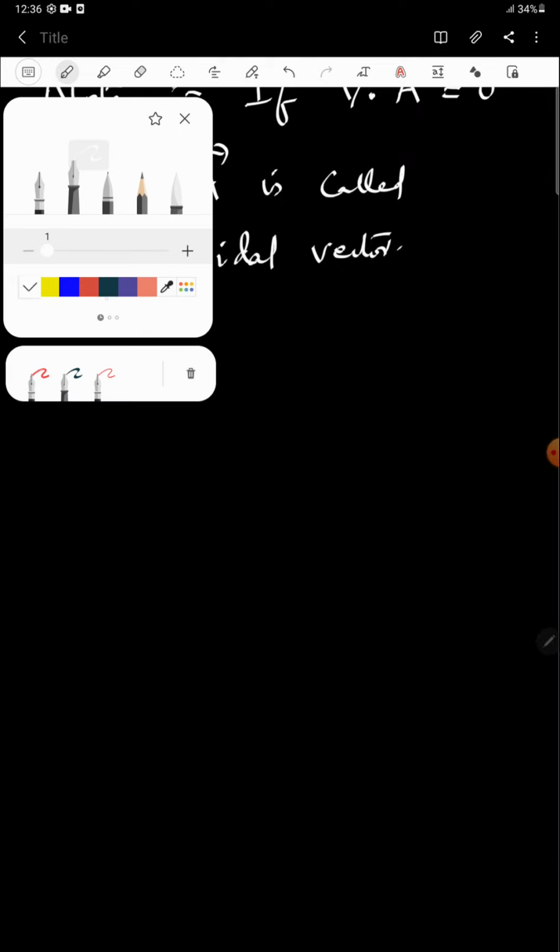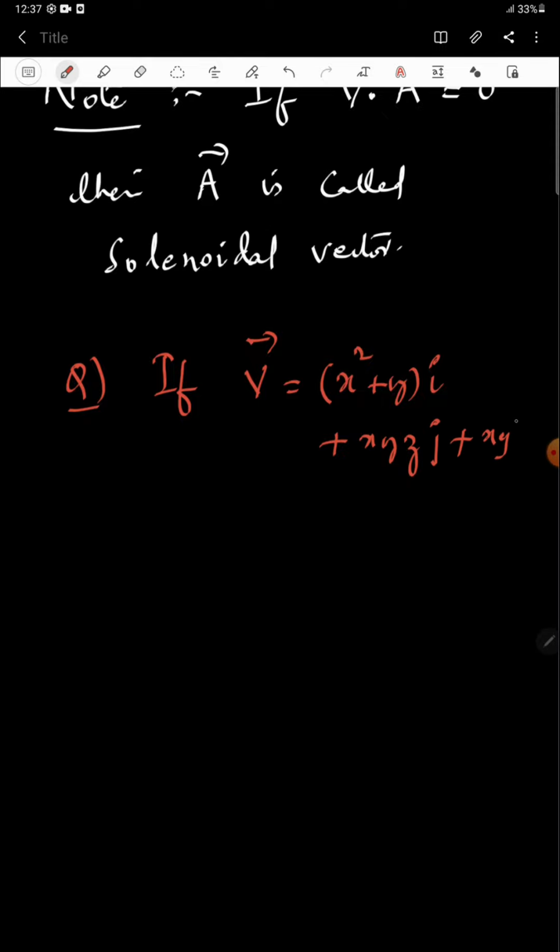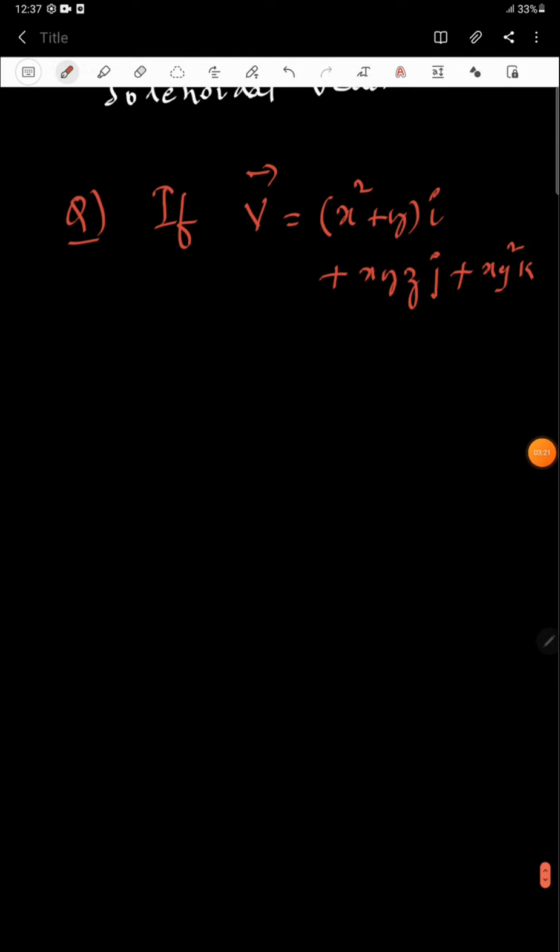We'll have a short look at one problem, if the question comes. If vector v is equal to (x square plus y) i plus xyz j plus xy square k, then find the divergence of this vector at (0, 1, 2).